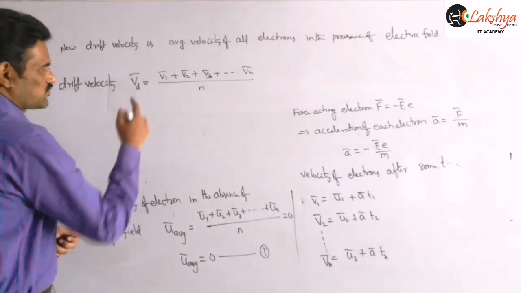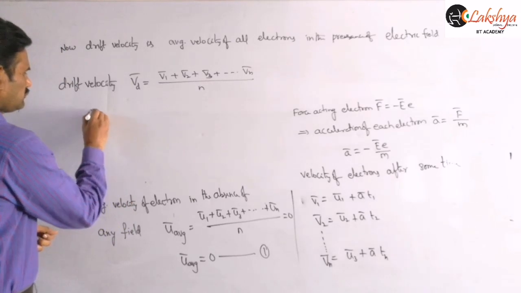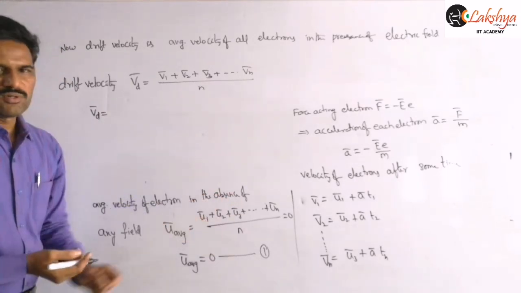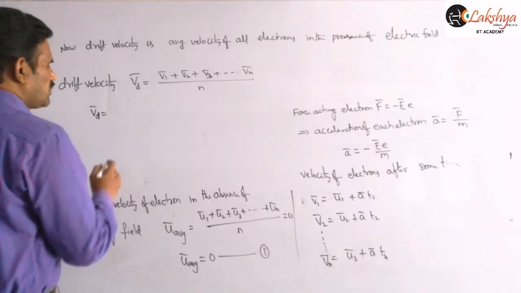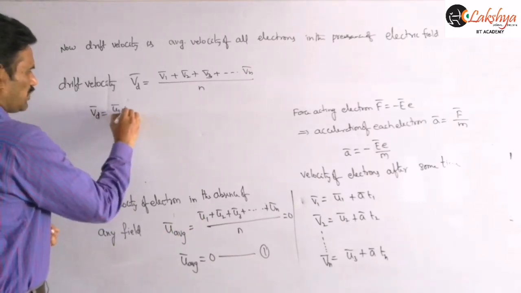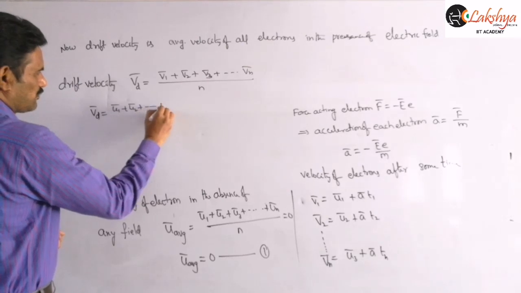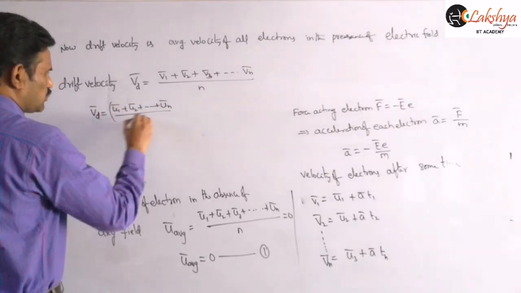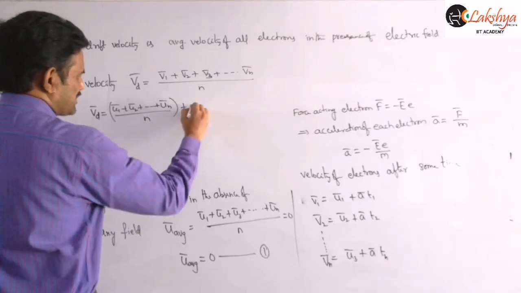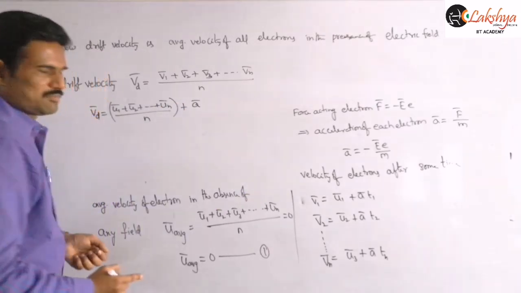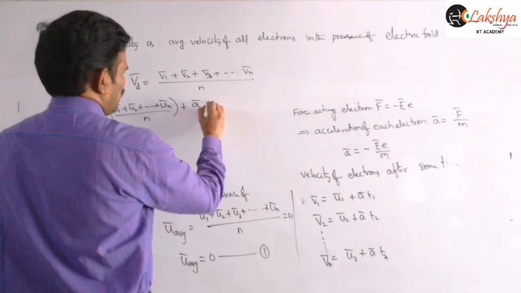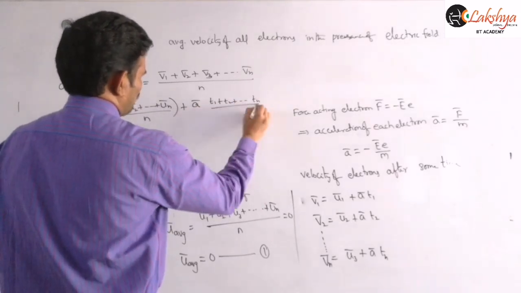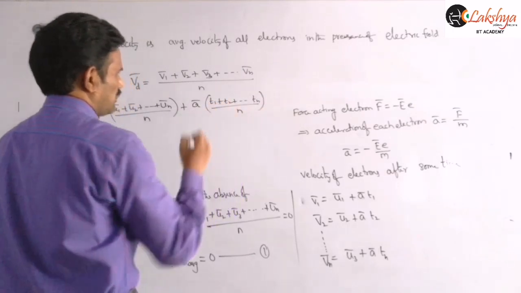And so now let us substitute those values here. So Vd bar is equal to, I am substituting V1 bar, V2 bar, V3 bar, and I am separating them. So if you separate that, U1 bar plus U2 bar plus and so on plus Un bar by n. So all the first term here plus A bar is common for all of them, right? And then T1 plus T2 plus and so on plus Tn by n, right?